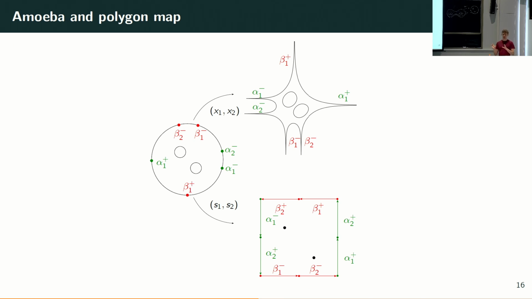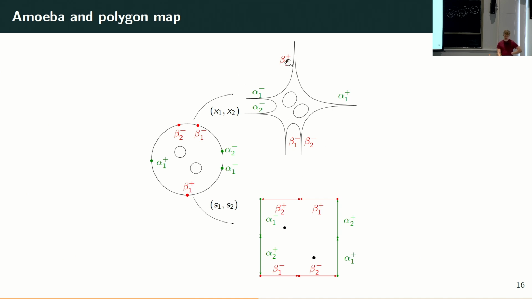This clustering condition that guaranteed that our weights are real, in this setup guarantees that there's no intersection of these infinite tentacles. So that's why this is actually a diffeomorphism. Furthermore, in the algebraic setup, this is known as the Newton polygon, but this is a generalized version. In the Newton polygon, all the marked points are always integer points. Here, these two marked points that correspond to the holes don't have to be integer points anymore.